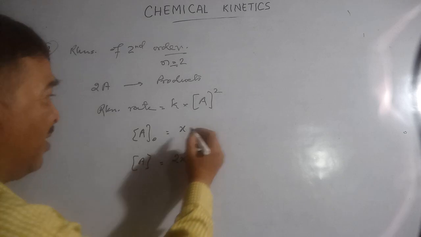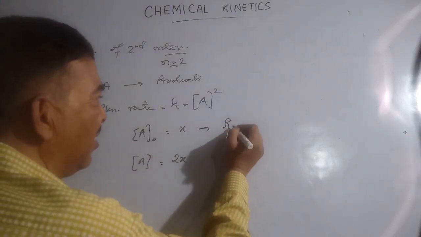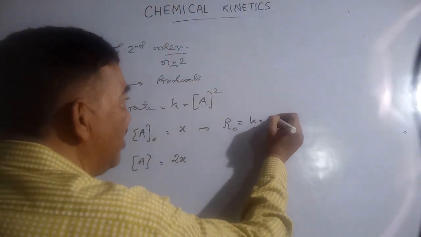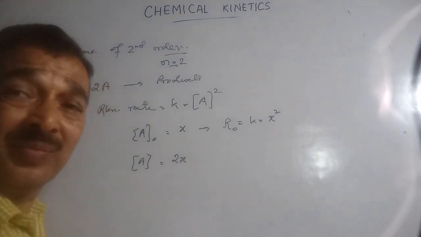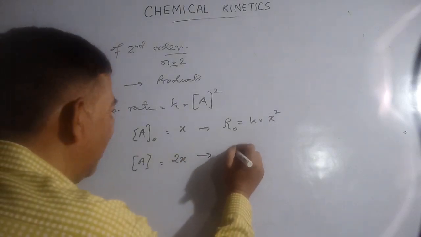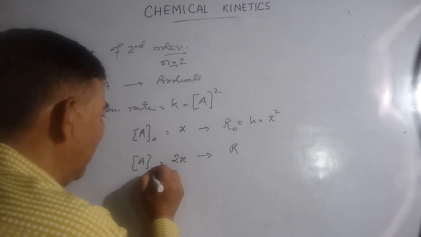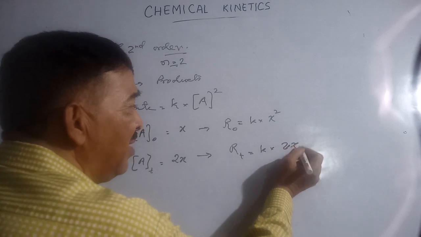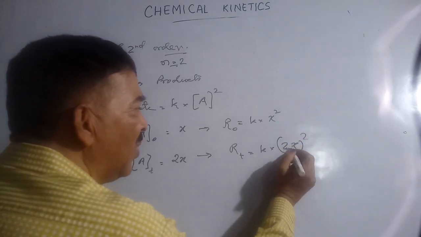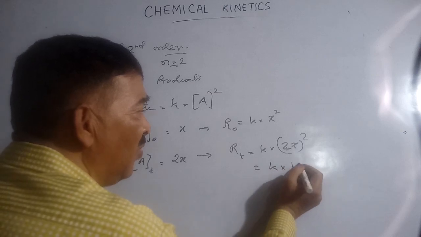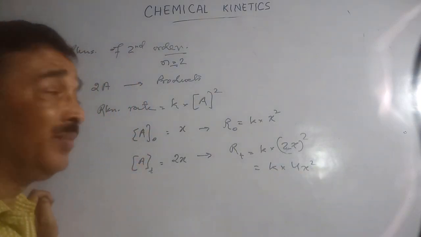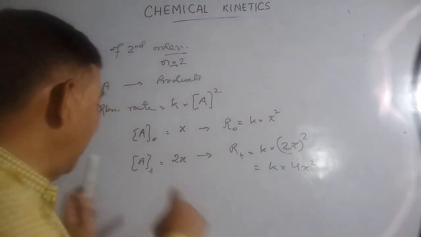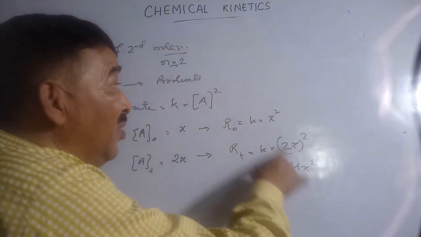Then for this one, the reaction rate R naught is equal to K into x to the power 2. For this one, let it be RT. RT is equal to K into (2x) to the power 2, that equals K into 4x squared. It means that if the concentration of a reactant is doubled, then the reaction rate becomes 4 times.